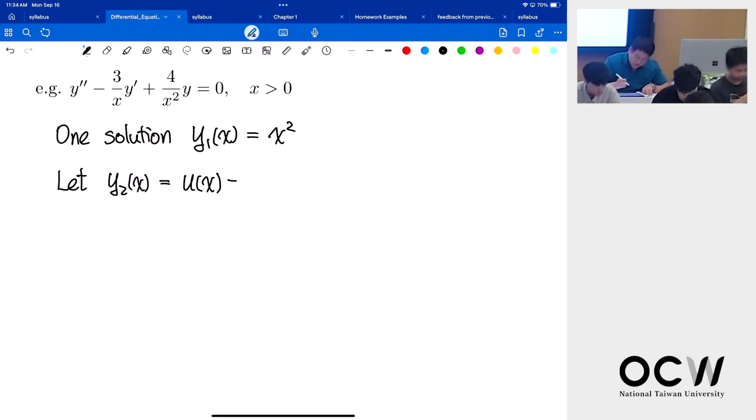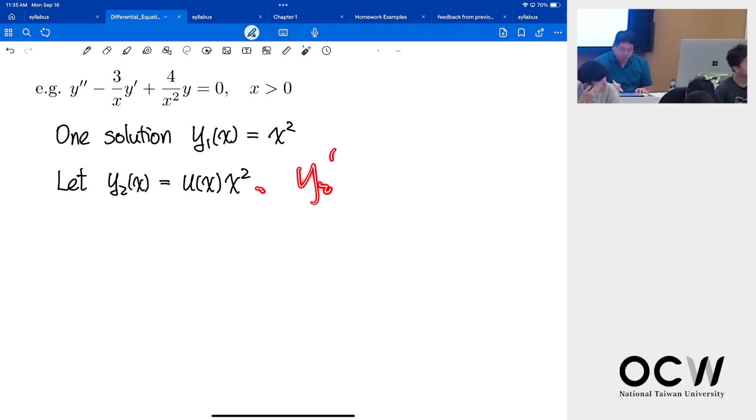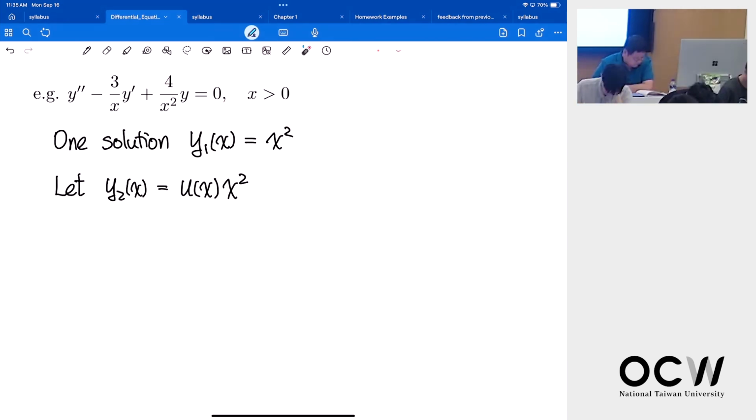So we know we need to assume that your y2 equals u times x squared. Then do the derivation. Okay, find the y2 prime, y2 double prime, bring it back to the differential equation and simplify that. So make sure that we are on the same page.